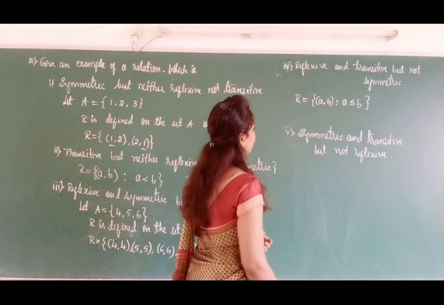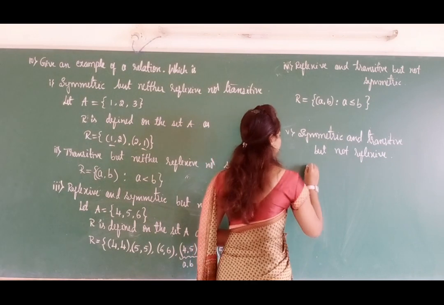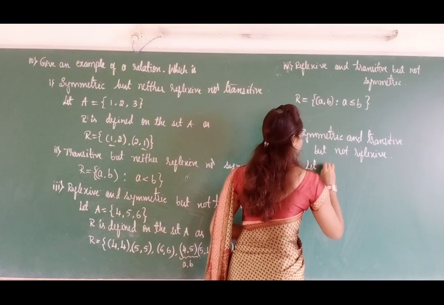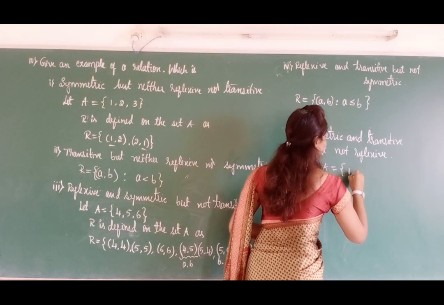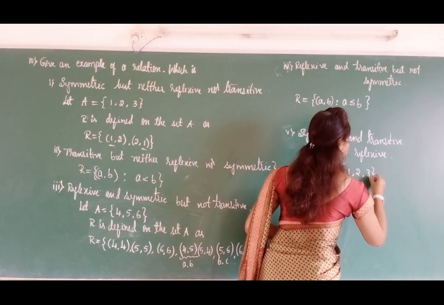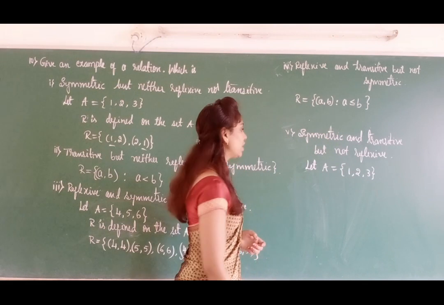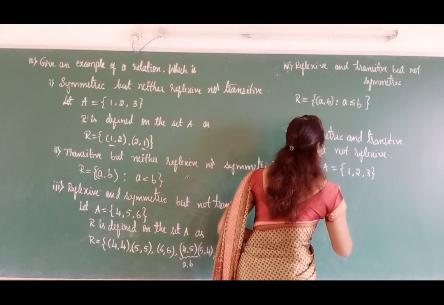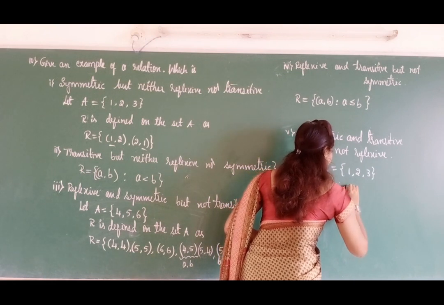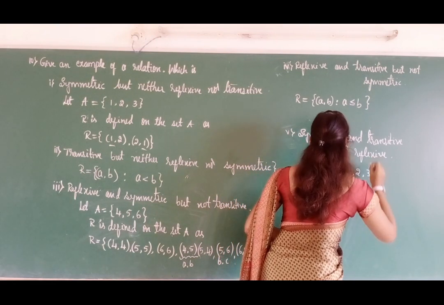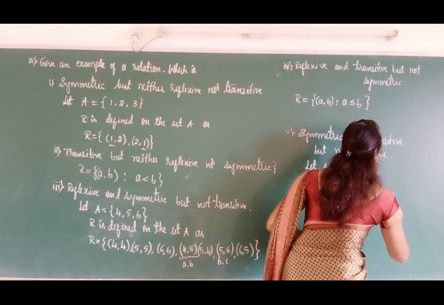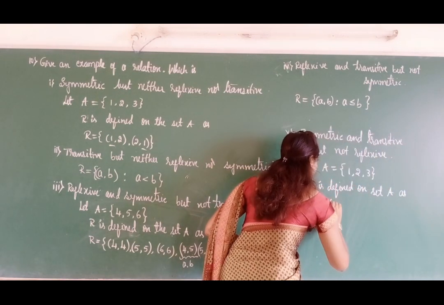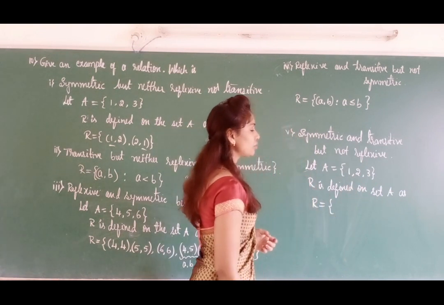Okay. For this I am taking the set A. Let A is equal to the set {1, 2, 3}. And relation R is defined on set A like this.